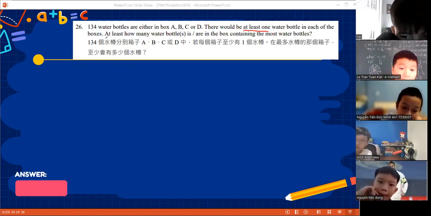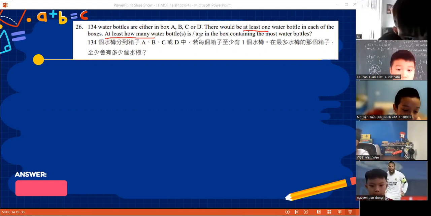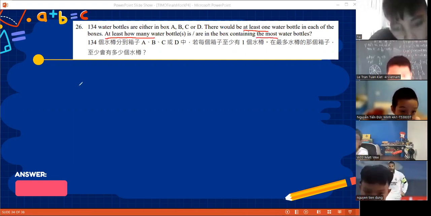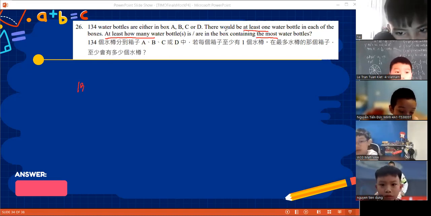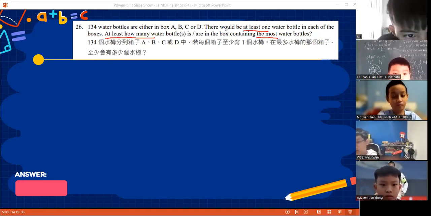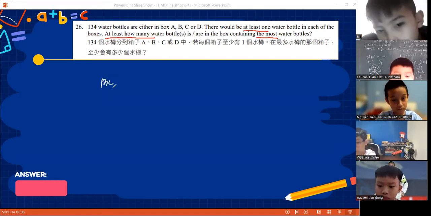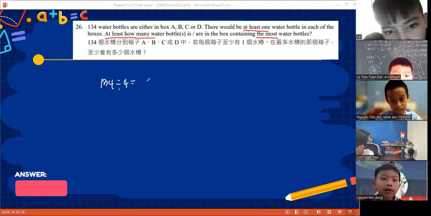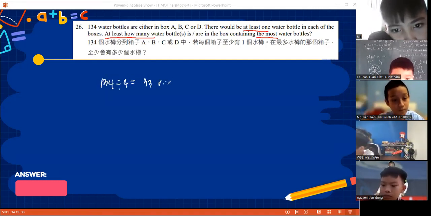The question: at least how many water bottles are in the box with the most water bottles? It's going to be 134 divided by 4, which is 33 remainder 2, right?